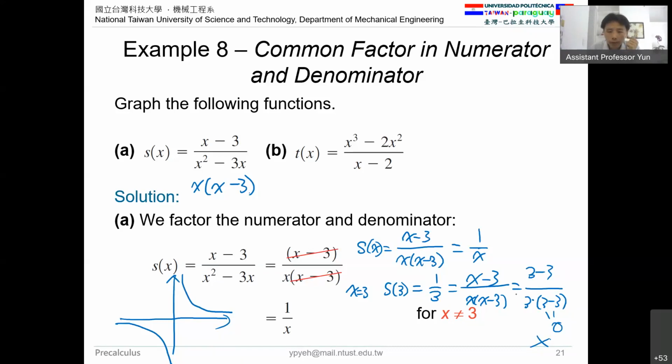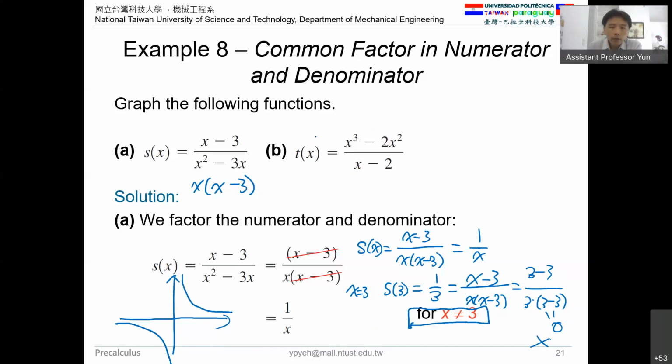Okay, so you can see that when we define rational functions with some common factors, we just need to remember that the domain of x also cannot be equal to 3 in this case.